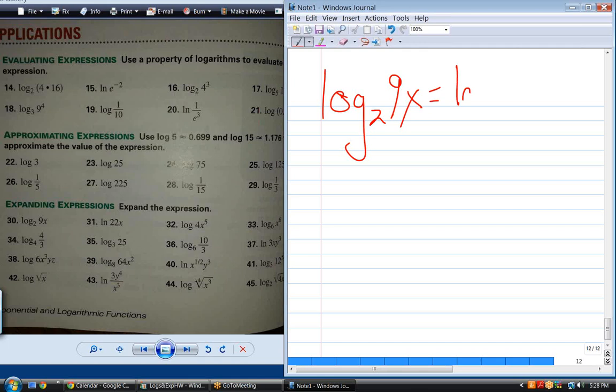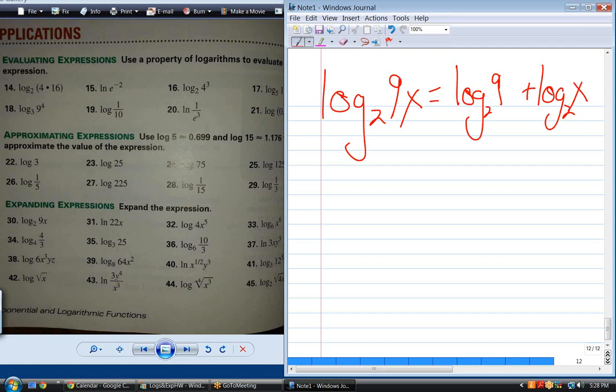In other words, that's equal to the log base 2 of 9 plus the log base 2 of x. Do you see how I got that?